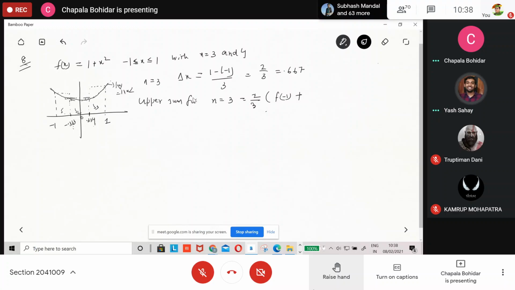So it is f of 0.334. Okay. Then for the last rectangle, S3, at 1. Tell me the result. Tell me the value.